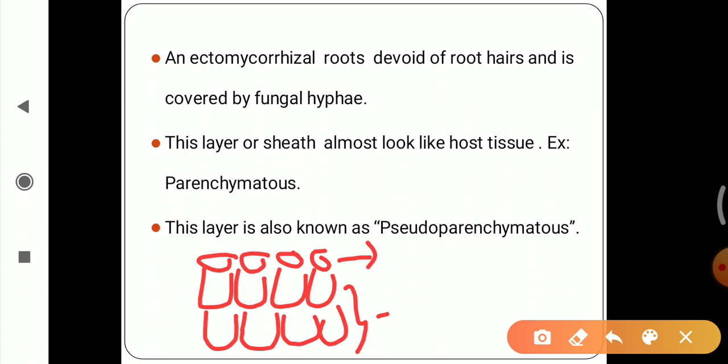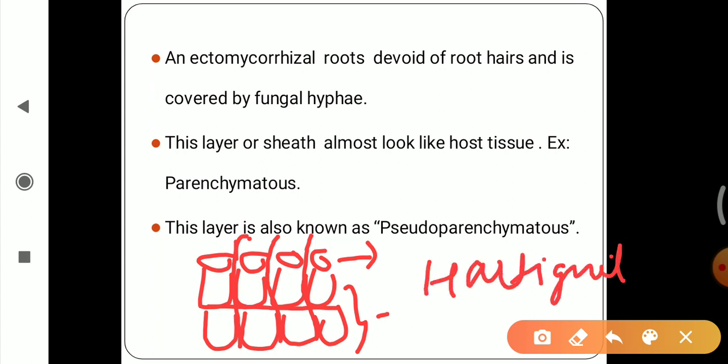The root hair is absent, so the fungal mycelia will penetrate through the space between the cells and form a network-like structure known as the Hartig net. It also forms a sheath-like structure known as the pseudoparenchymatous sheath.